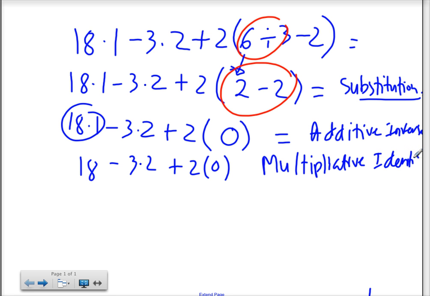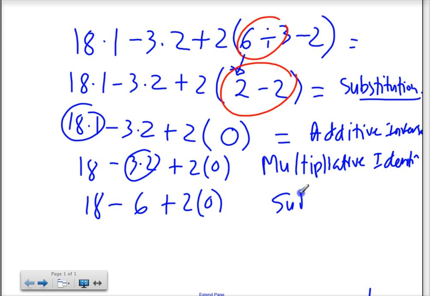Notice I go step by step, one operation at a time, to identify every single property. Next step, what do you do? The 3 times 2. So 18 minus 6, right? But I don't recognize anything. So in that case, if I don't recognize it, it's called substitution. Okay, next step. 2 times 0 is 0.